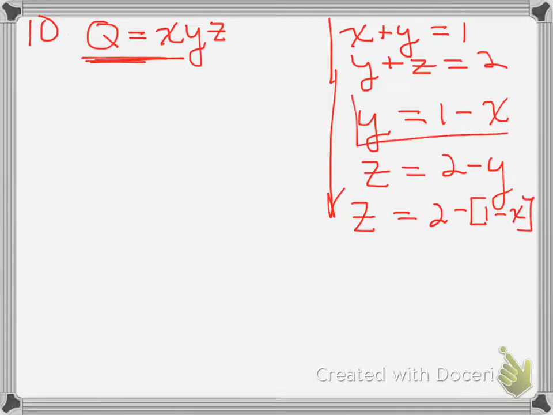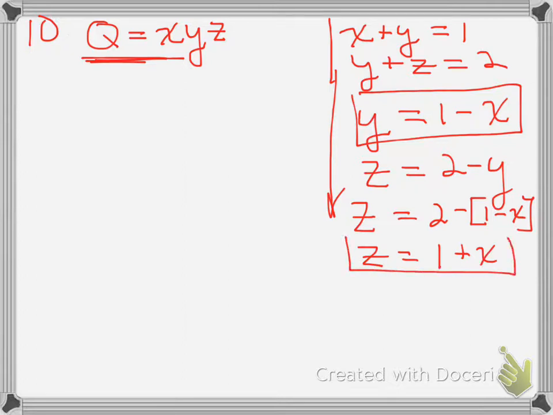So since I know I have y as 1 minus x, I substitute it in the z equation, and I end up getting that z equals 2 minus 1 is 1, and minus a minus x is plus x. So here are my two equations. If I substitute out the y and the z, I will have everything in terms of x.